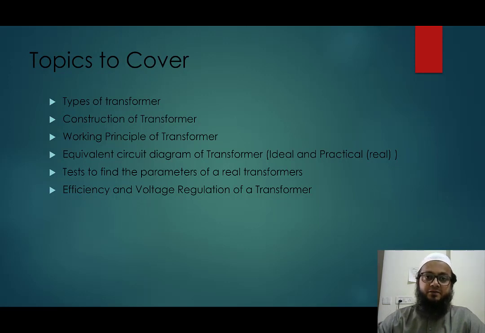First, we will take up the case of the ideal transformer, and then we'll modify it as per the practical or real transformer. Then we will talk about tests to find the parameters of the real transformer, and then efficiency and voltage regulation of a transformer.